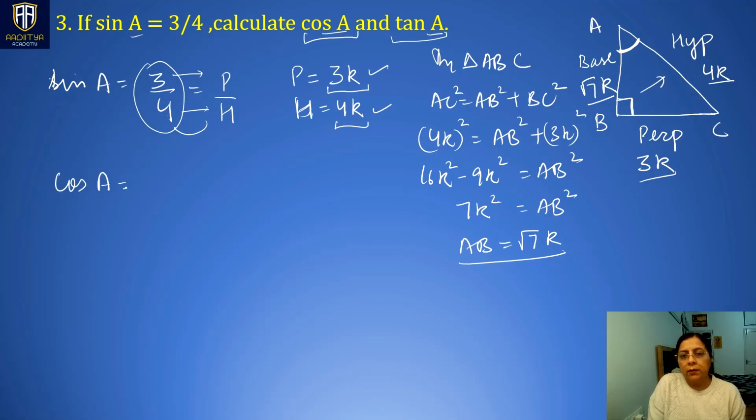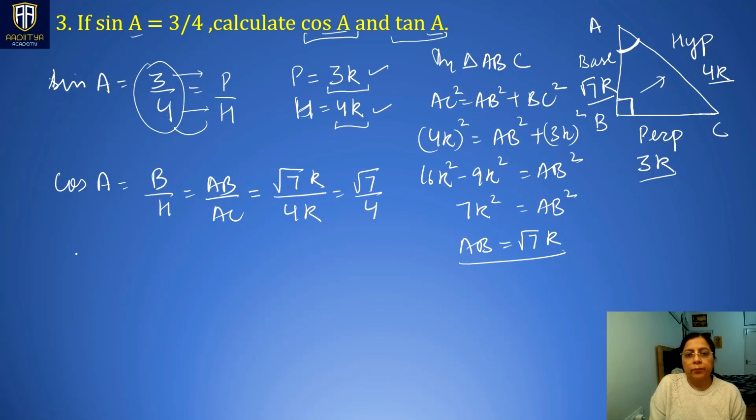Cos of A is the ratio between base and hypotenuse. For A, base is AB and hypotenuse is AC. AB is root 7 times k and AC is 4k. So we have root 7 by 4.